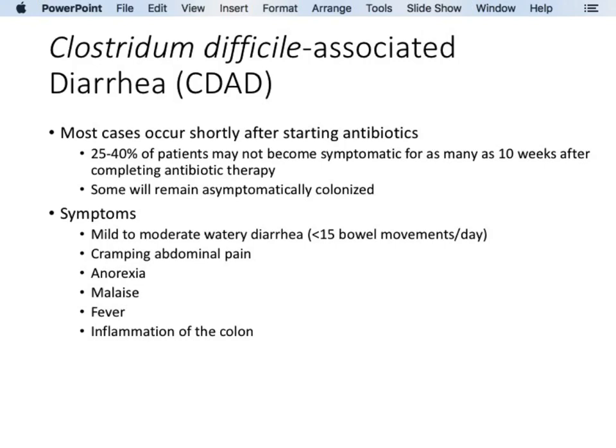Anybody know the story of Typhoid Mary? To those of you who shook your head, yes, you know the story. So Typhoid Mary, 1900s, New York City, was a cook, basically an asymptomatic carrier of Salmonella typhi, which is the bacteria that causes typhoid fever. She never had any effects, but she was able to pass along that Salmonella typhi to other individuals, and many of them ended up dying.